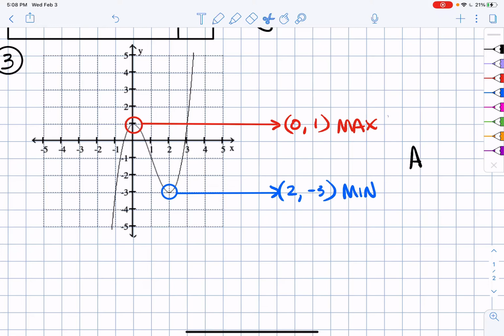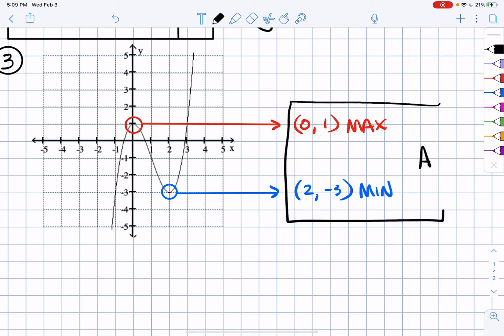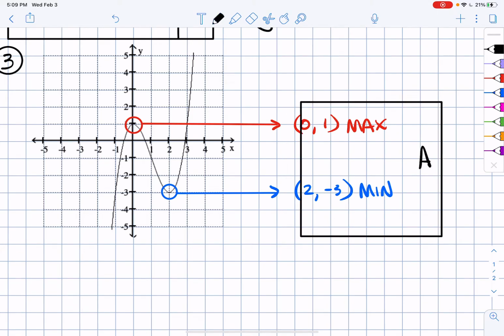So let me do this really quick. Bring this over just a tad, so that I can actually box this.